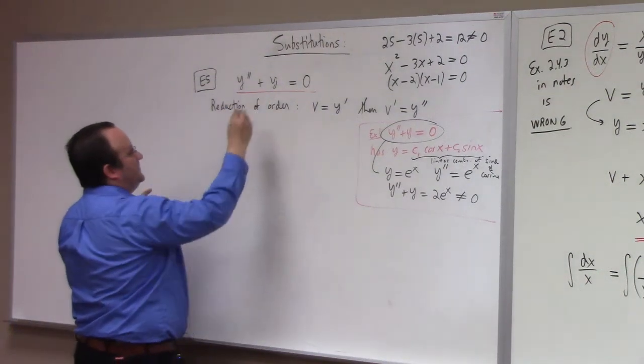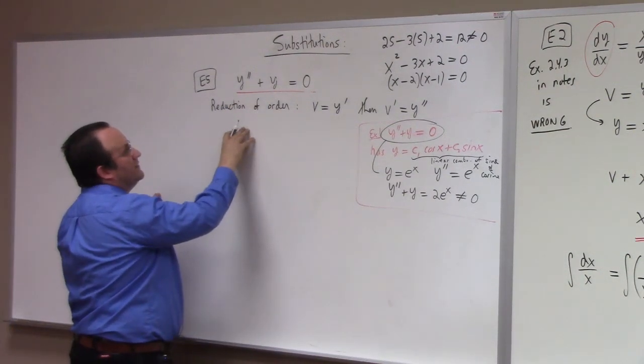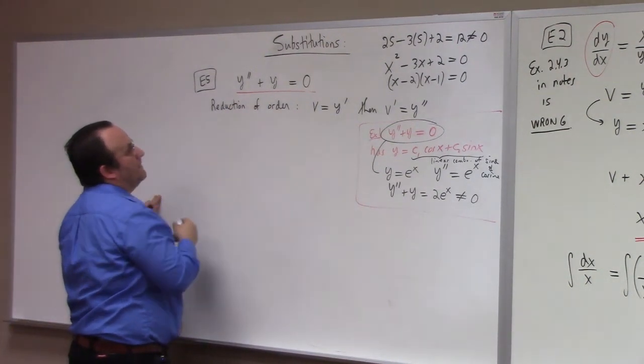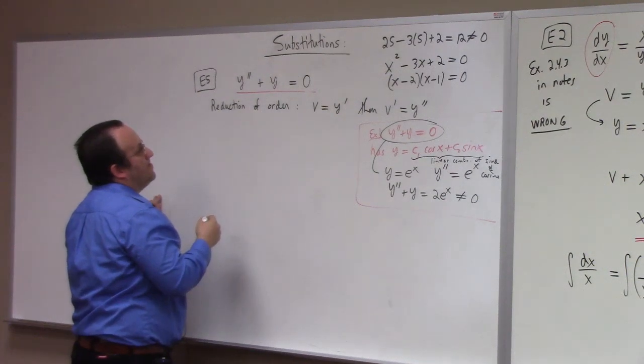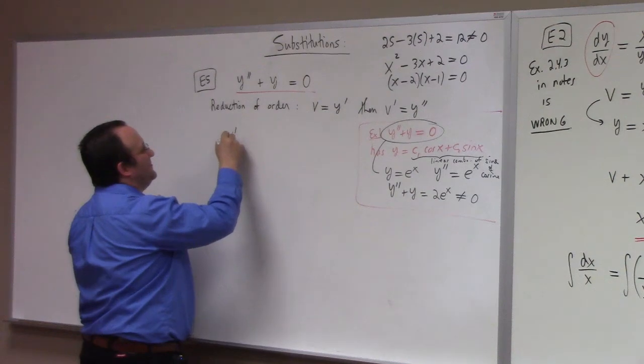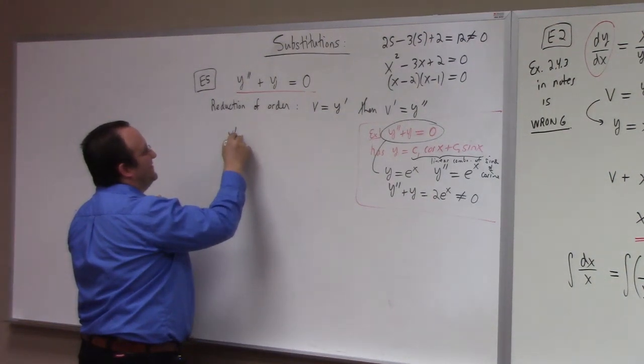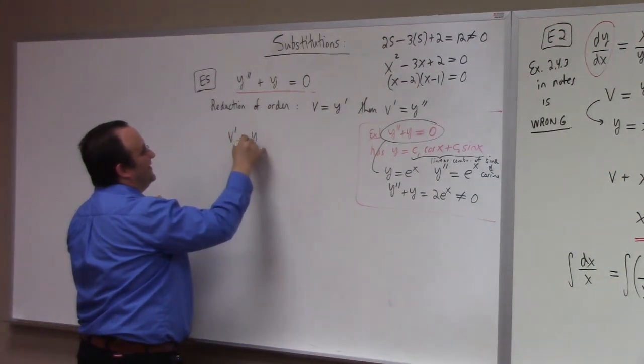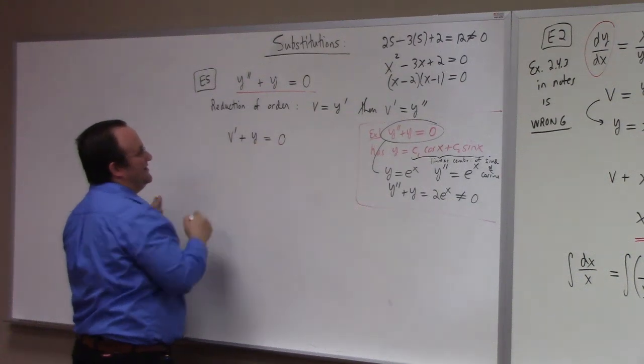So this becomes, I don't know, v prime plus y equals 0, right?